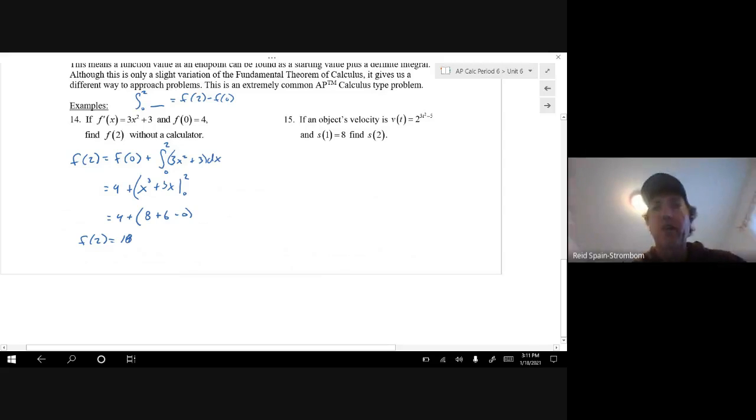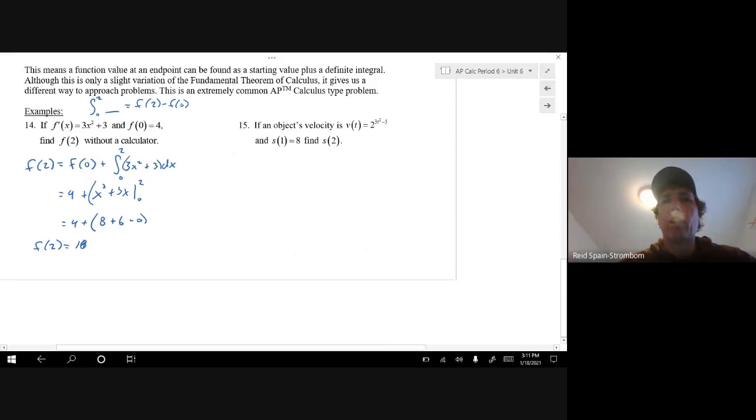Okay. Sometimes these are calculator problems, so we're going to do this next one with a calculator. Remember that the integral of velocity is position. So in this case, if we integrate velocity here, 2 to the 3t squared minus 5, from 1 to 2, well, that would be my position at 2 minus my position at 1.